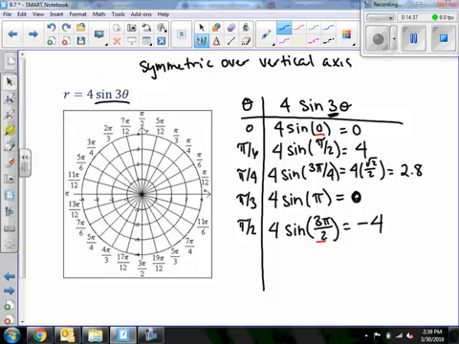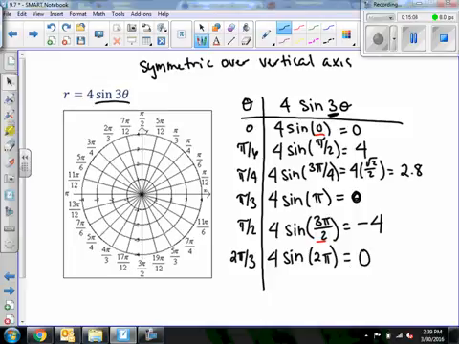So we don't actually have to plug in as many points for this one because it'll start repeating faster. For instance, if we plug in the next value, which would be 2 pi/3, that becomes 4 sine. Well, 2 pi/3 times 3 is 2 pi. We've already gone one full revolution from 0 to 2 pi. Sine of 2 pi is 0, so once again we're back at 0.